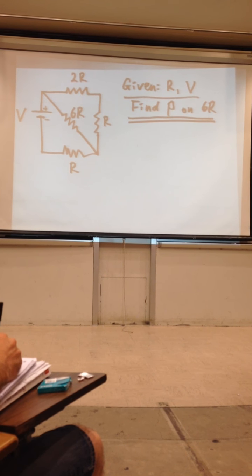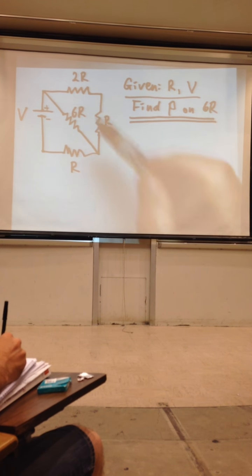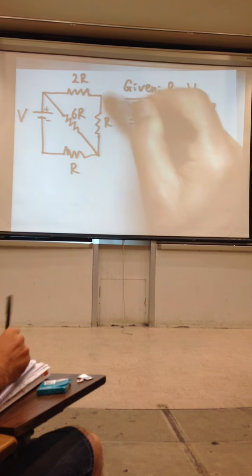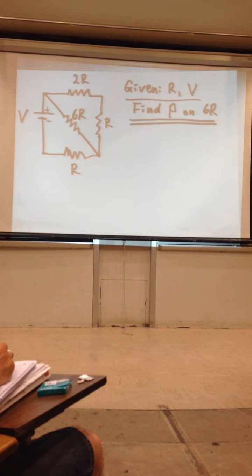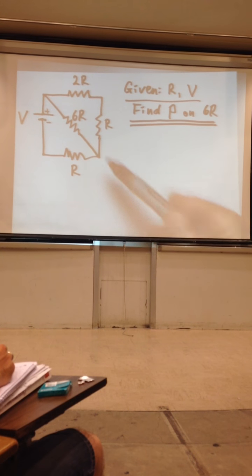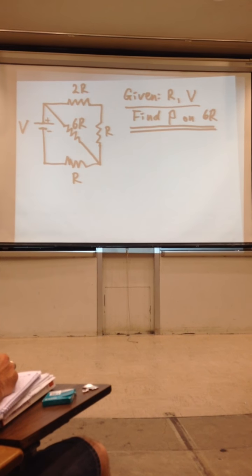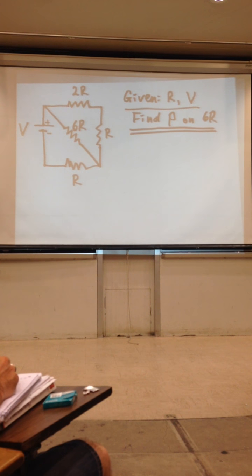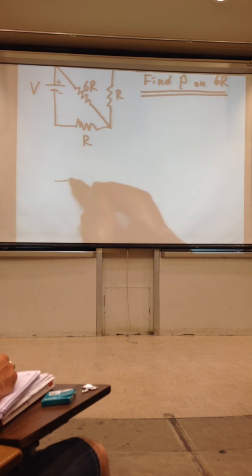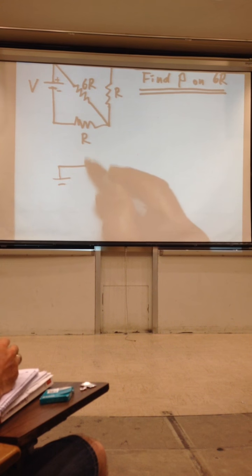First of all, it looks a little strange, but when you look at it, you can see that 2R and R are connected in series relative to each other. However, the 6R is connected in parallel with those two. So you can simplify the circuit like this.